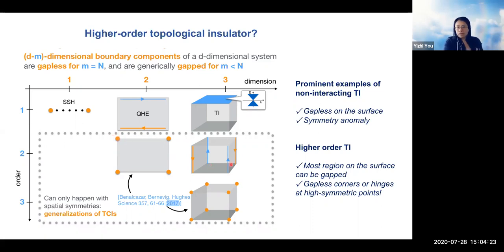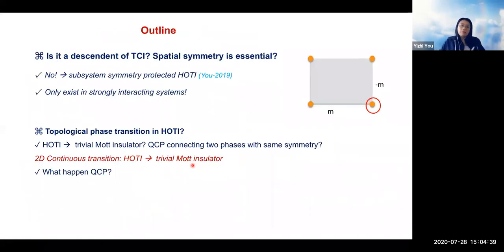Also in 3D, there's a higher order TI where the bulk and the side faces are fully gapped, but at hinges, there are some chiral 1D fermion modes, which cannot be fully gapped out. So today we will look into the strongly interacting limit of these higher order TI.